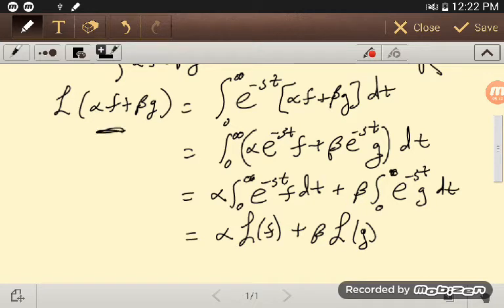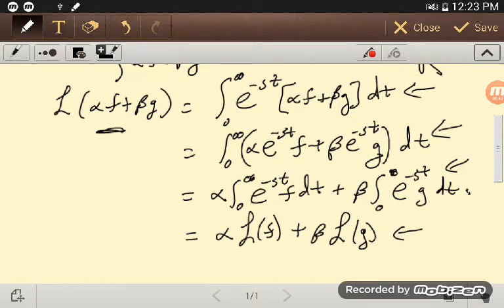So I really didn't do too much there. I started out with one side of my equality in the theorem, and then I just used the definition. Then I did a little algebra, a little calculus that we already knew, and then just went back to the definition and said, what I'm looking at in this line is just that by definition, and there I have it.